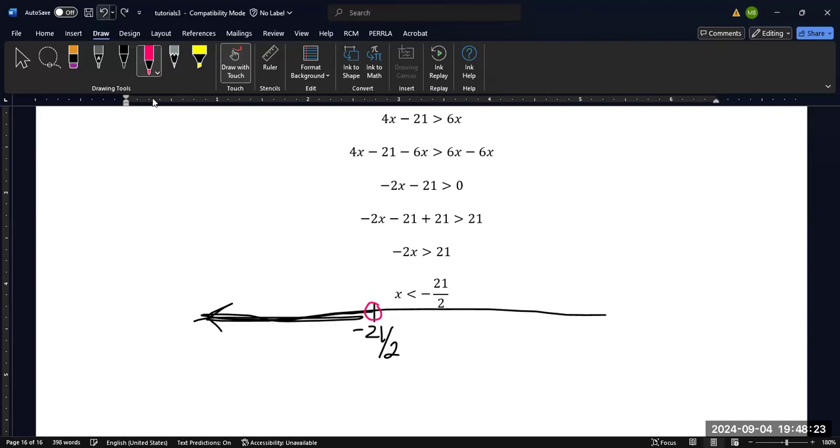The other way that you can indicate that is to use a round parenthesis, like so. Both of these indicate that the -21/2 is not included because there's no equal sign here.